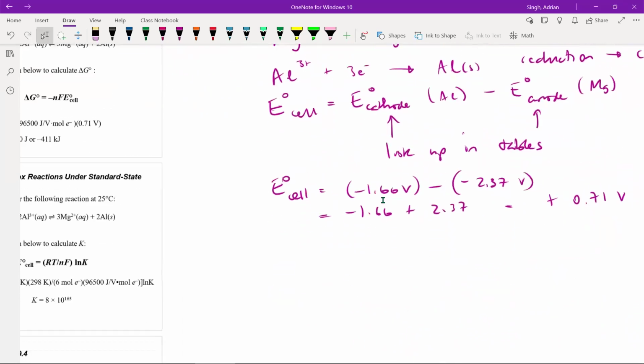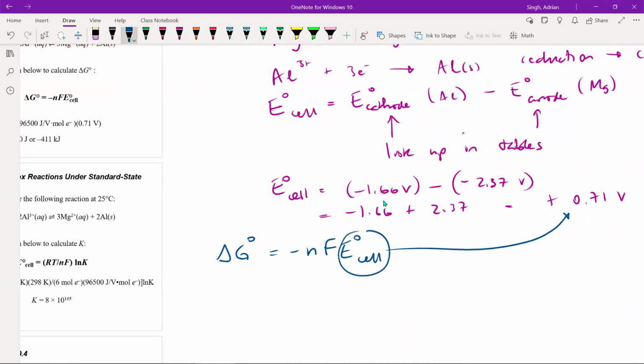So we have that other equation that we can use. Delta G naught is equal to negative N times F times E of the cell. We just calculated E of the cell. F here is a constant, 96,500, and that's joules per volt mole.